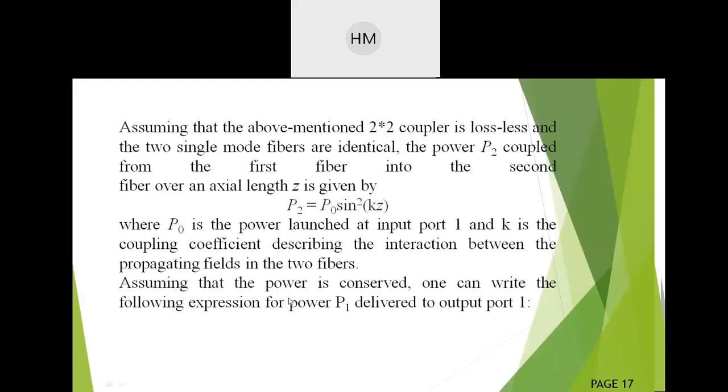This you can write down in your copy. Okay, students? Now, assuming that the power is conserved, one can write the following expression for power P1 delivered to output port 1. And that equation is P1 is equal to P0 minus P2. See, students, you can see the diagram and you can relate these terms.